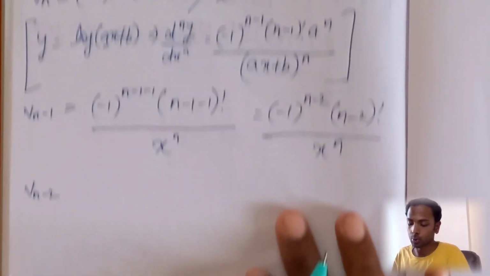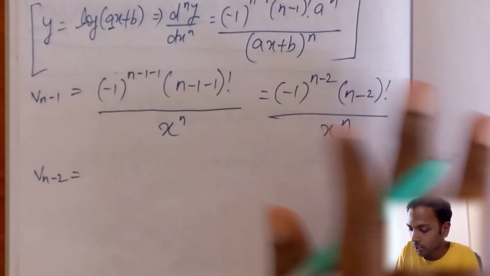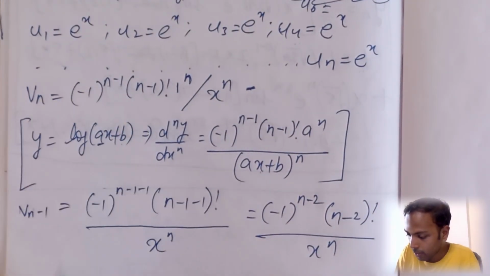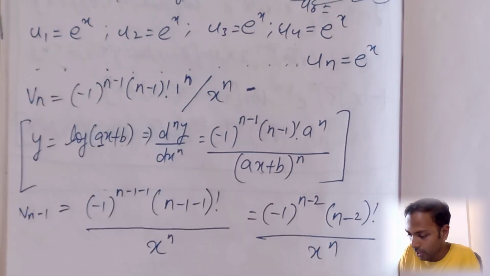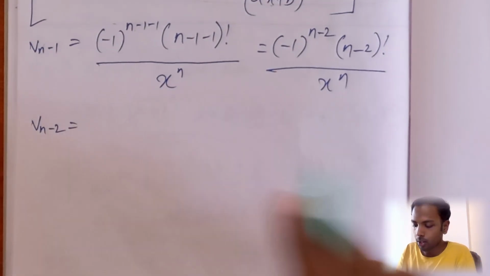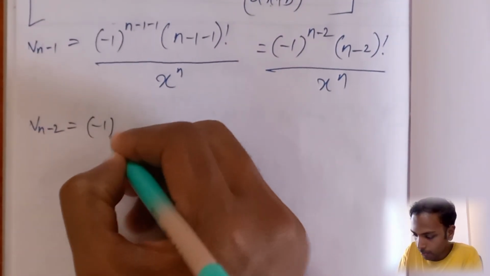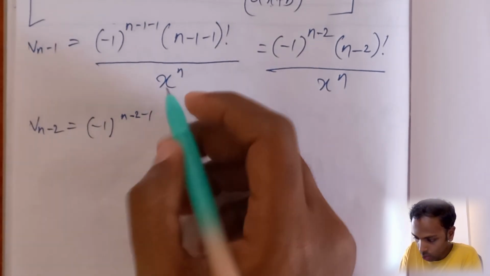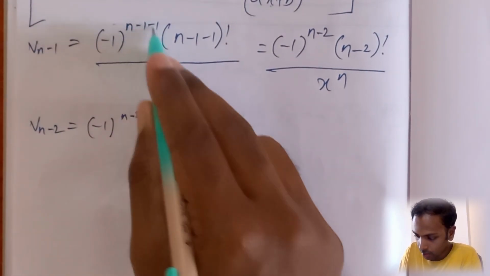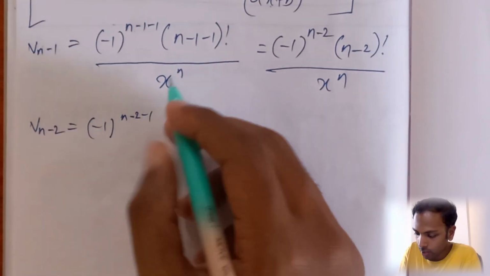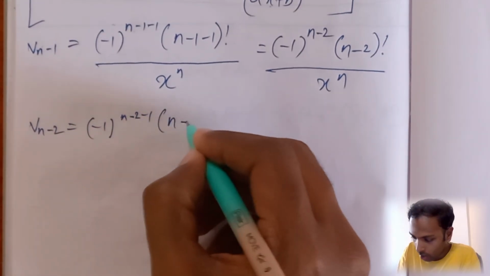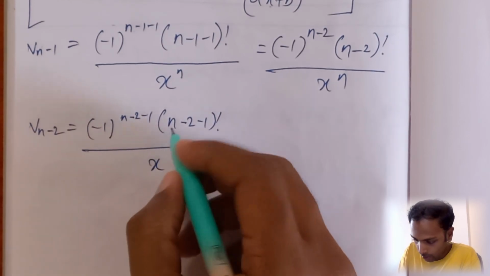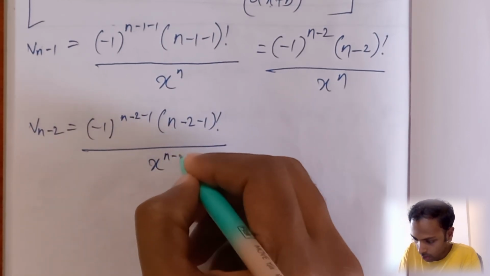Let's find Vn−2. In the Vn expression, wherever there is n, put n−2. So that will be (−1)^(n−2−1), n−2−1 factorial by x to the power n.